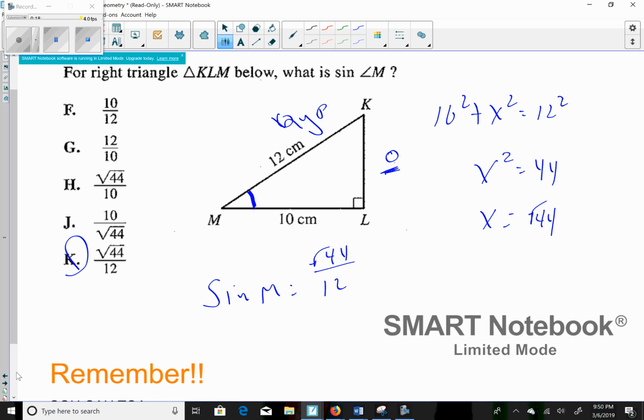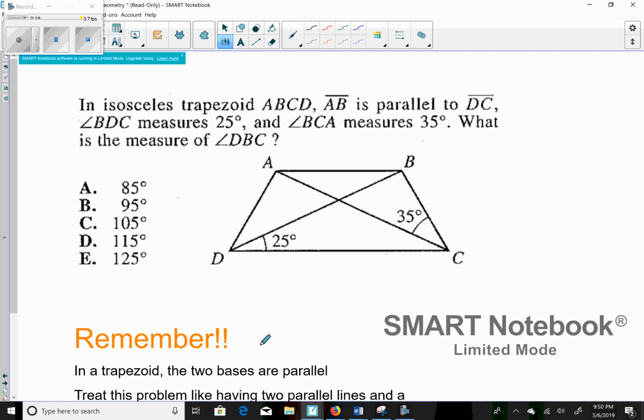The next one, number 14. The isosceles trapezoid ABCD, AB is parallel to DC, and the measure of angle BDC is 25 degrees, and the measure of angle BCA is 35 degrees. What is the measure of angle DBC?